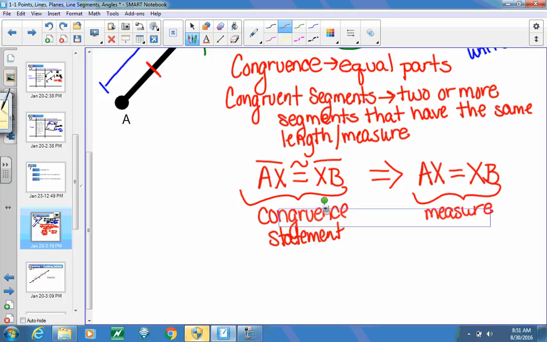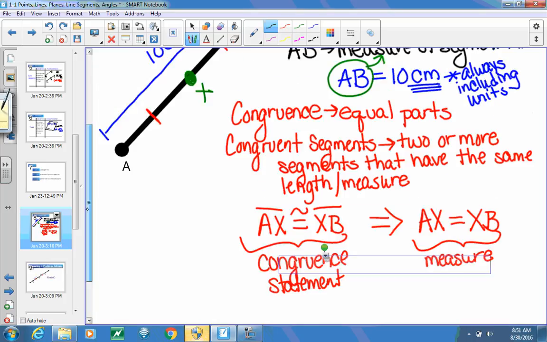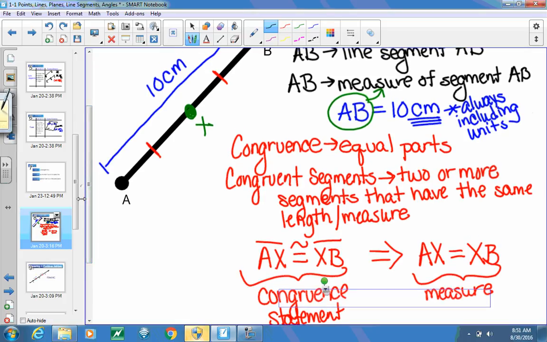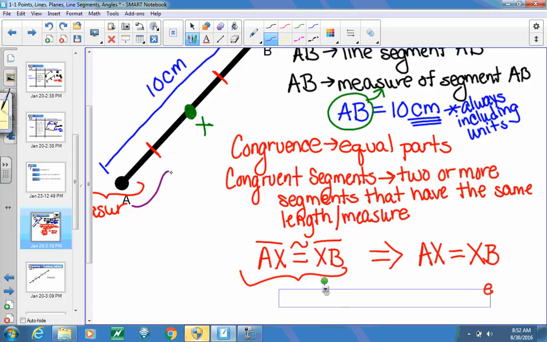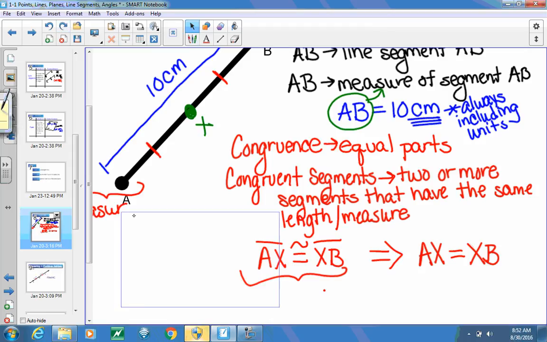Looking back up at my diagram, from A to X and X to B is the same. If the length from A to B is 10 centimeters, then that tells me the length from A to X, sorry, these just kind of jumped off here. I've got to switch pages real quick.